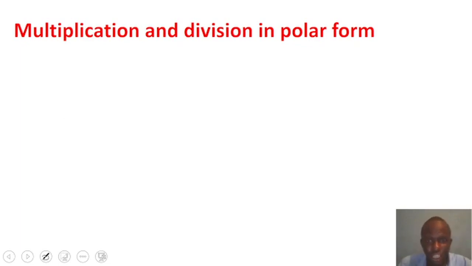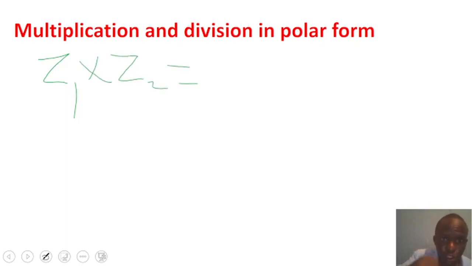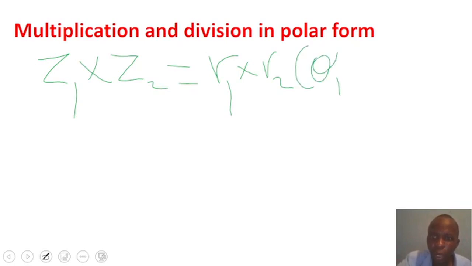Multiplication and division in polar form. We want to see how polar form complex numbers can be multiplied and divided. If we have z1 and we want to multiply with z2, we use r1 times r2, into the bracket theta 1 plus theta 2, as simple as that.